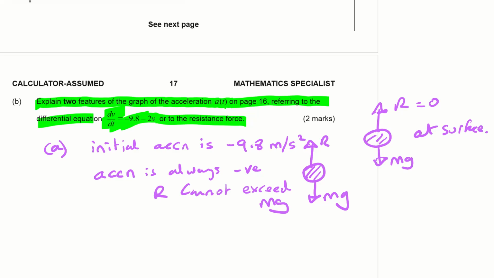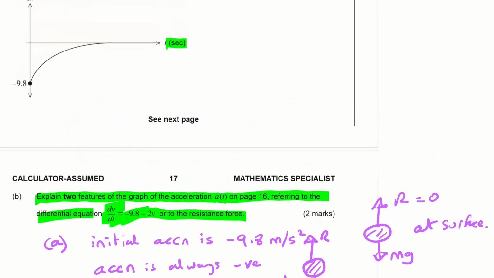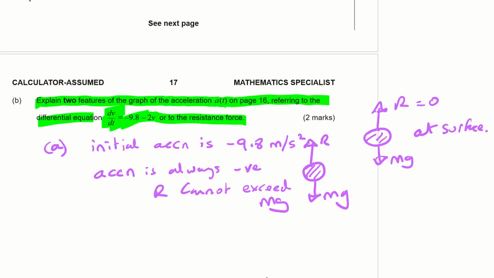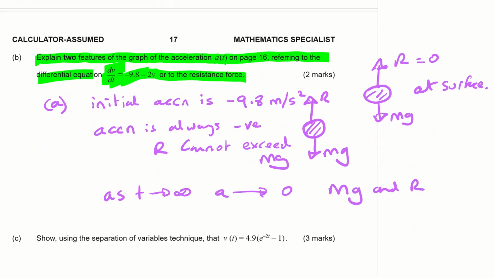And finally, asymptotes. We can see asymptotes. So as t tends to infinity, acceleration tends to 0, and that's because mg and R are closer at greater depth.